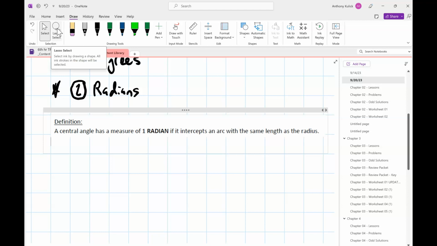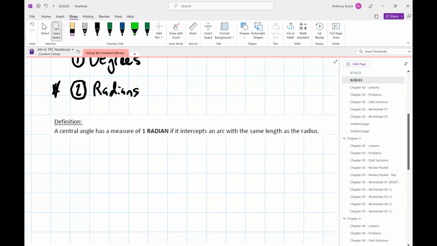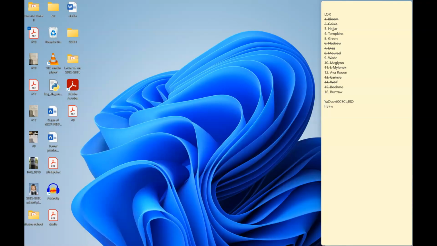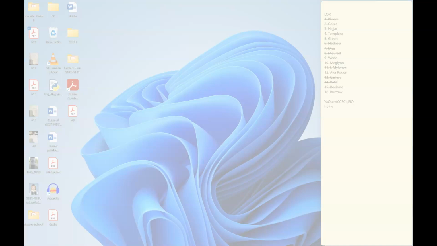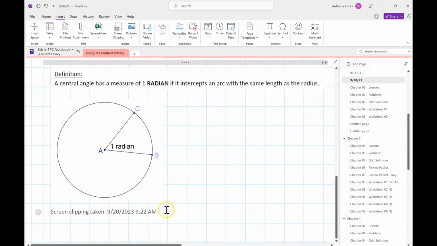Let's explain what this means, because there's a lot of vocabulary in here from geometry, and it's been a minute since any of us have been in a geometry classroom. So I'm going to just do this with a picture. Here's a picture of a circle.